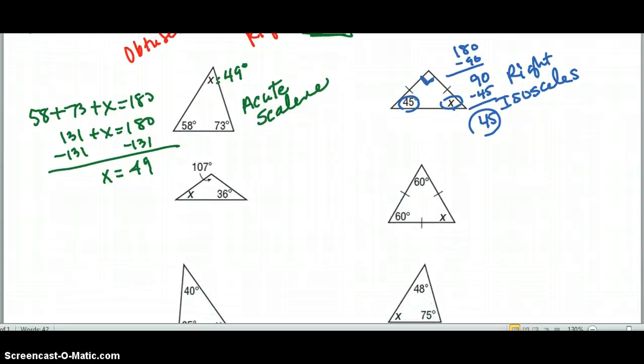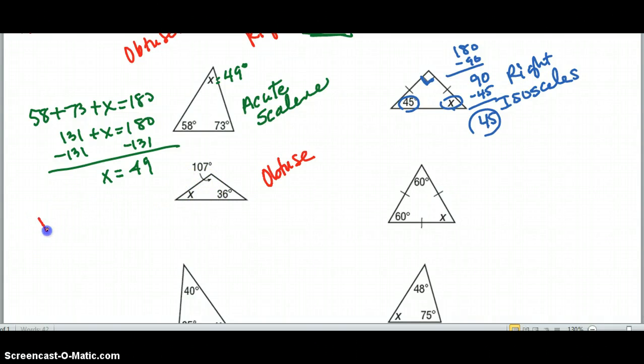Okay, our next picture, I see an angle that is 107 that is greater than 90. So I know by angles it's going to be obtuse. Let's make sure that it's not isosceles, because if this angle was 36, then it would be isosceles.